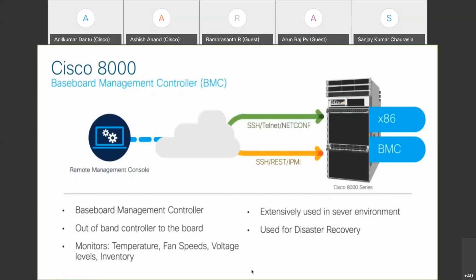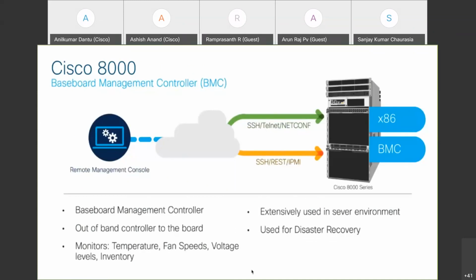So how can you connect to the BMC interface? You can either connect to the BMC directly via console. Our RP console is by default connected to the XR CPU. But if you press Control O, it will connect you to the BMC. So that toggle functionality is available from the normal RP console.